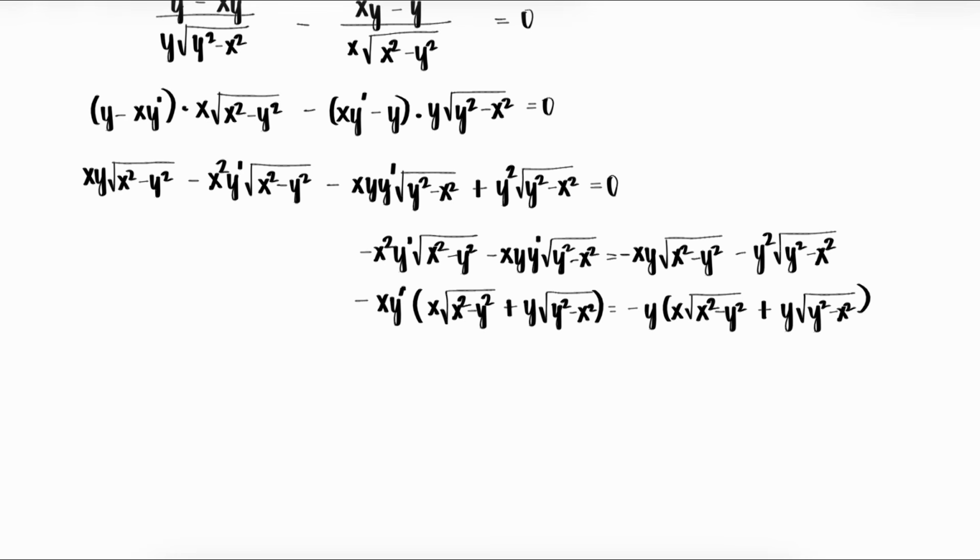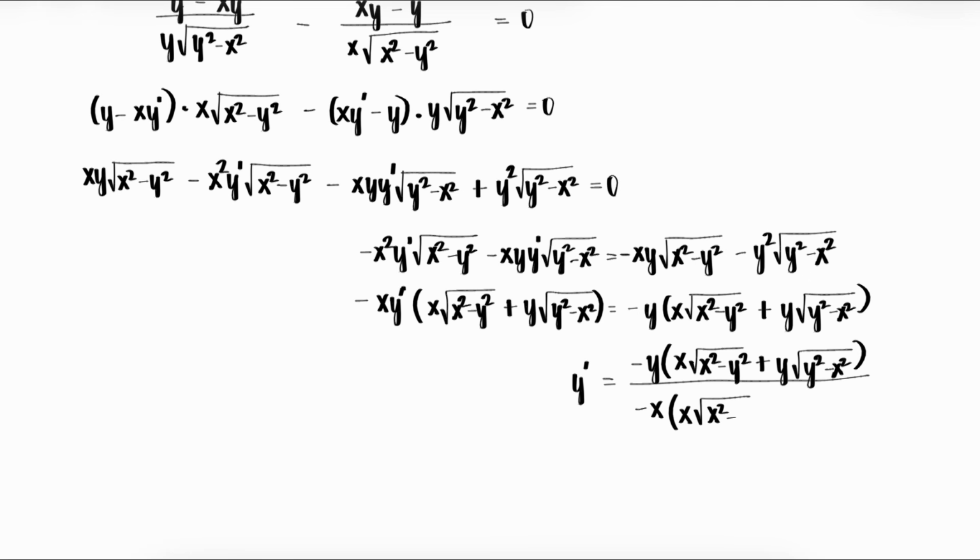And so, leaving y prime on one side of the equation, y prime is equal to negative y times x square root of x squared minus y squared plus y square root of y squared minus x squared, divided by negative x times the quantity x square root of x squared minus y squared plus y square root of y squared minus x squared.